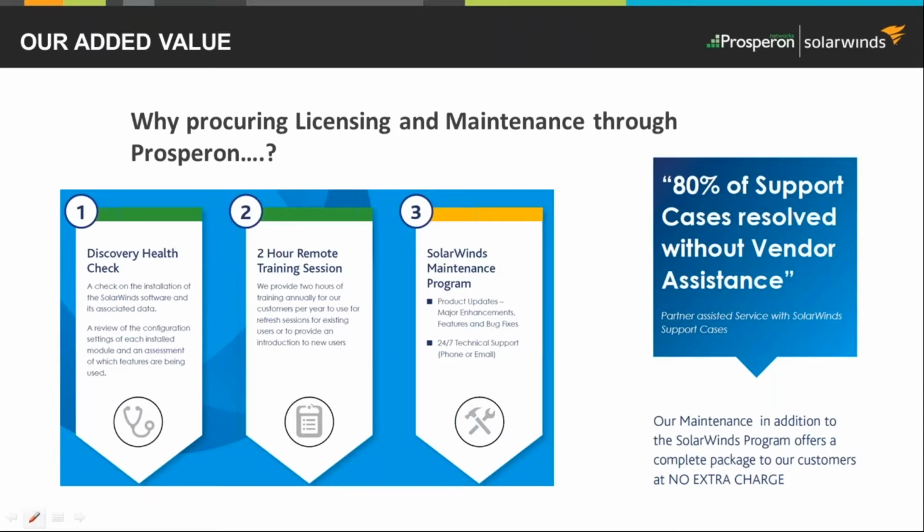On top of that, you get a free health check of your SolarWinds platform. And the reason why this is relevant is because we probably performed over 150 health checks over the last couple of years, and we keep seeing the same gaps. This is not just talking about how attractive or clever the network maps or the dashboards are, but rather the fact that not many of you are using the advanced features that SolarWinds has perhaps as well as you could.